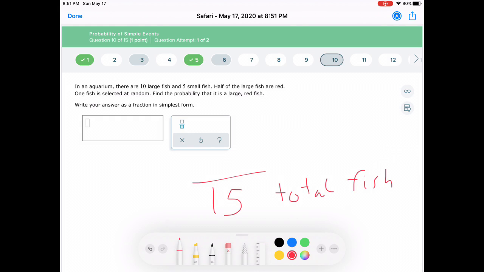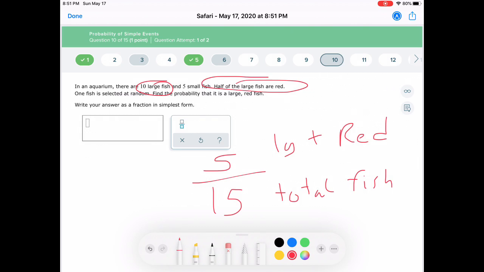And then the desired event is a large red fish. So we have to think about how many large red fish there are. We know that there are 10 large fish, and we know that half of these large fish are red, which gives us 5.